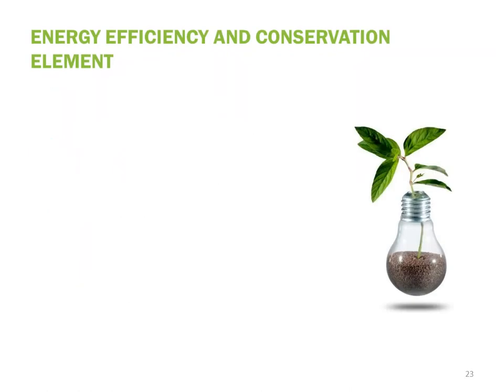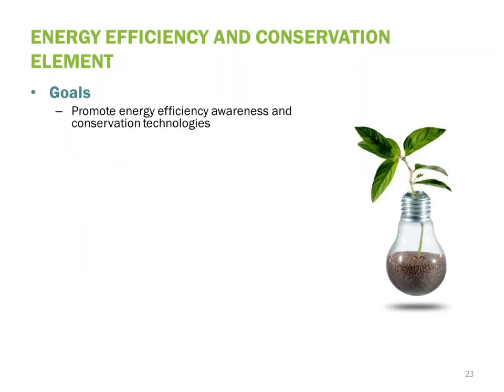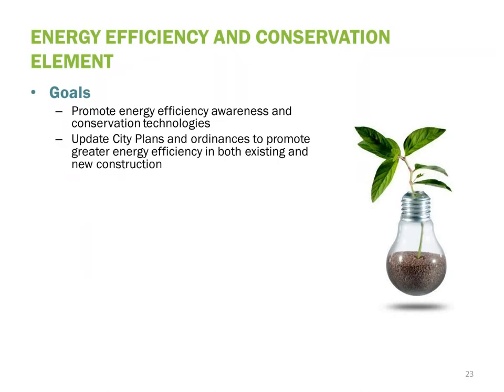Third element, energy efficiency and conservation element. Common goals would be promote energy efficiency awareness and conservation technologies. Update city plans and ordinances to promote greater energy efficiency in both existing and new construction. Indicators would include a comprehensive marketing, education, and outreach to the community on what the goals are.